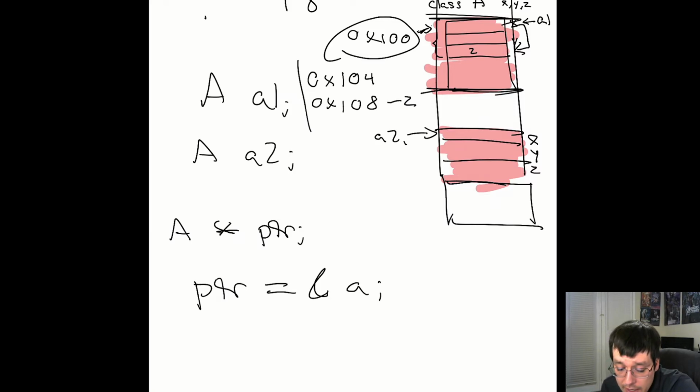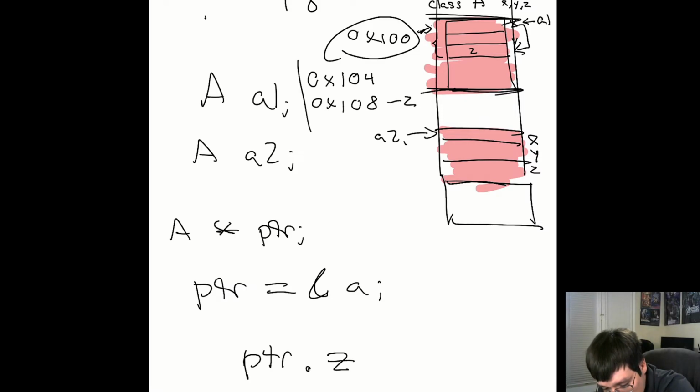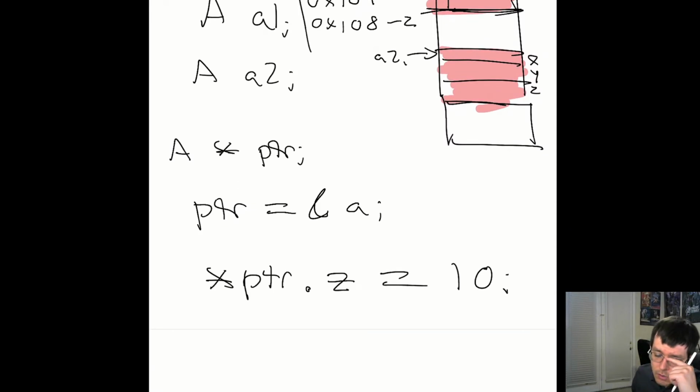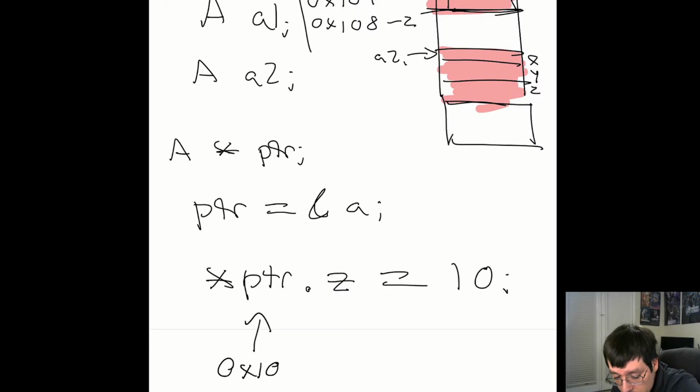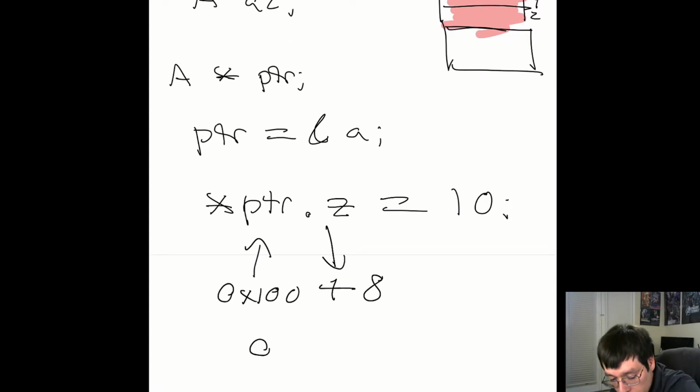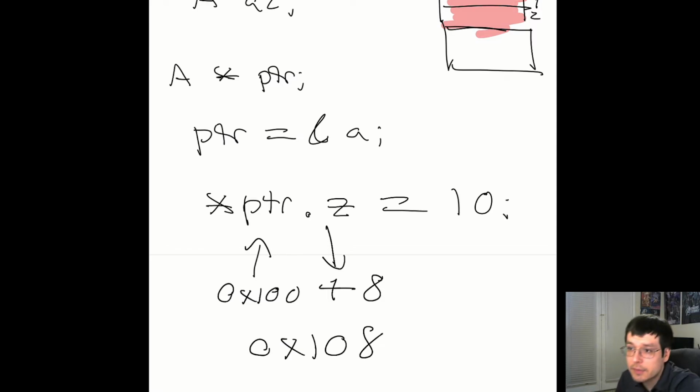If now that I have this PTR here, if I want to say PTR Z, like that, and I have my asterisk, and I want to assign 10 to that or something, what I really want to do, my expectation versus what I get, is I want to get the address 100 from here, and then I want to add the 8 because of the Z, so that this then equals address 108, right?